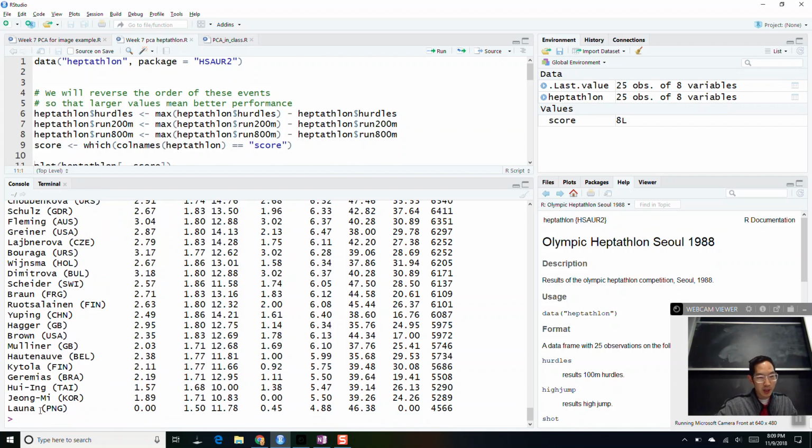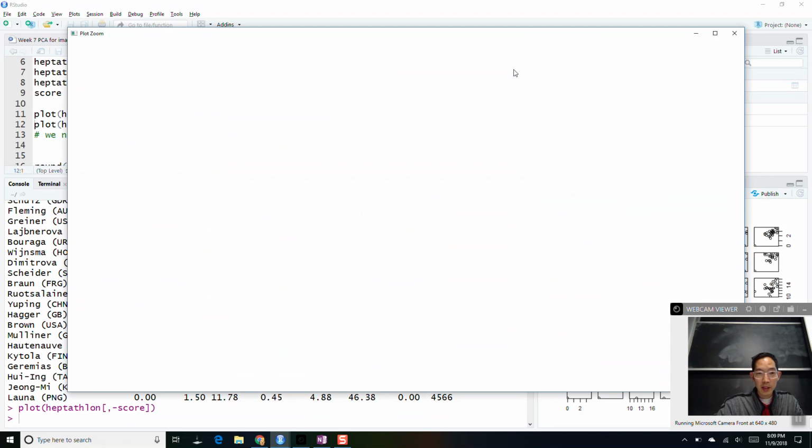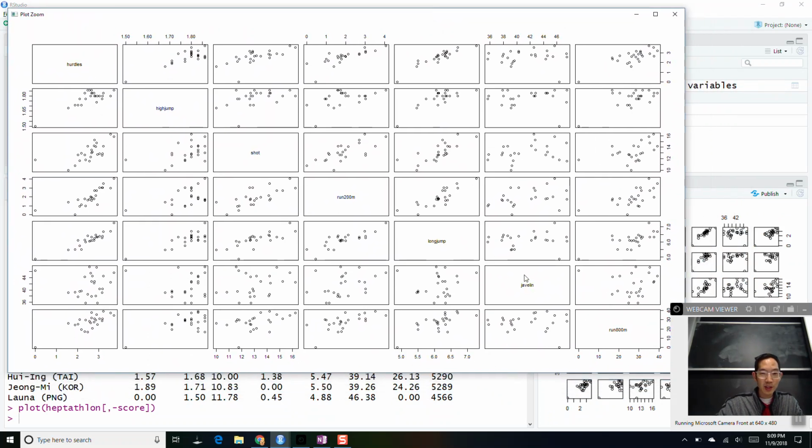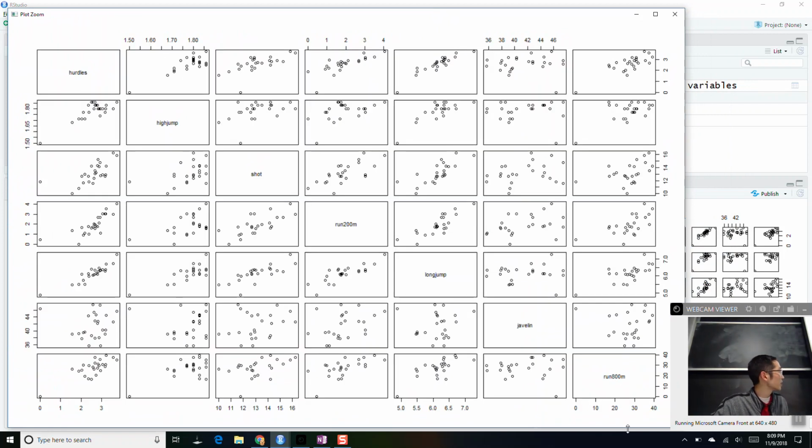Something happened with this person from Papua New Guinea who was just way slower than everyone else. And so we might be curious what if we did a plot. This is a pairwise plot of all 7 variables, and they're all numeric, so we can create scatter plots, and we're trying to find some structure. We see positive correlation between a lot of these variables, like people who ran faster also happen to throw the shot put farther.